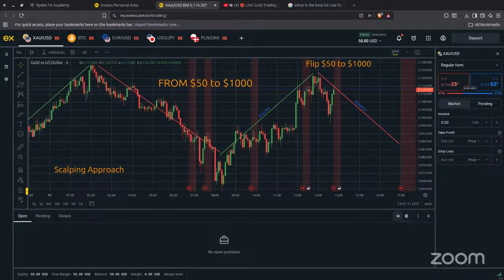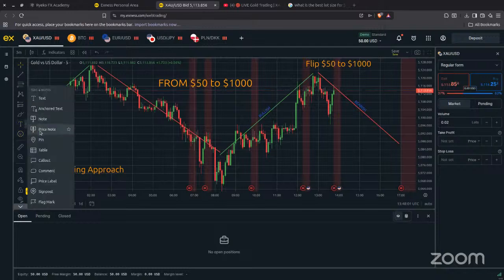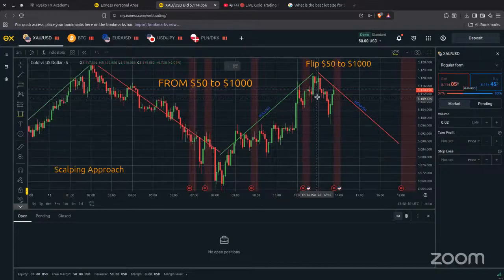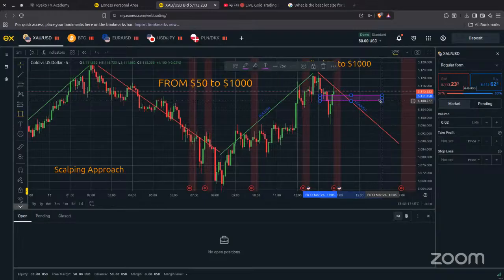I say price is in the H1, we could draw that. So this is our fair value gap.